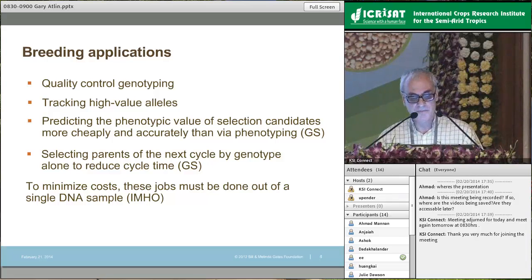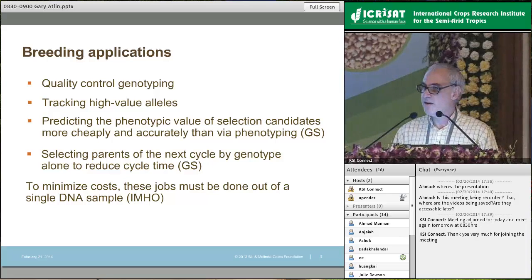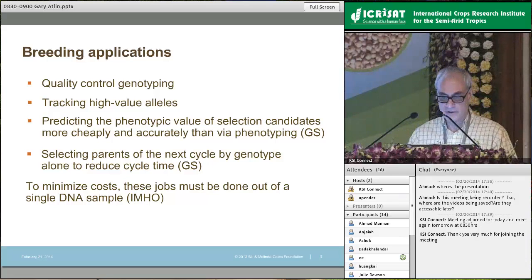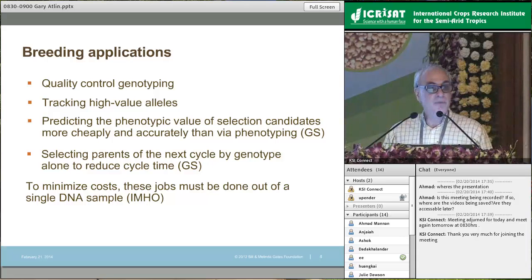Predicting the phenotypic value of selection candidates, hopefully more cheaply and accurately than you can via phenotyping alone. And selecting parents for the next cycle of breeding and that's called genomic selection, but it's not what a lot of genomic selection, for instance, in animal breeding, where the idea was developed, attempts to do. Selecting parents for the next cycle by genotype alone to reduce cycle time.